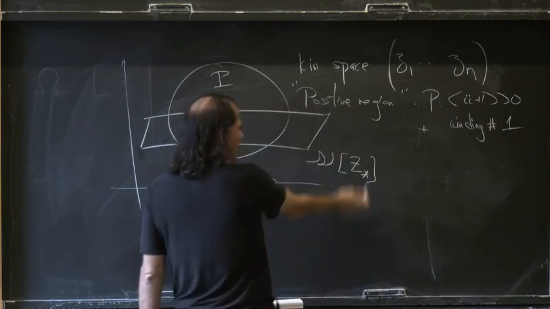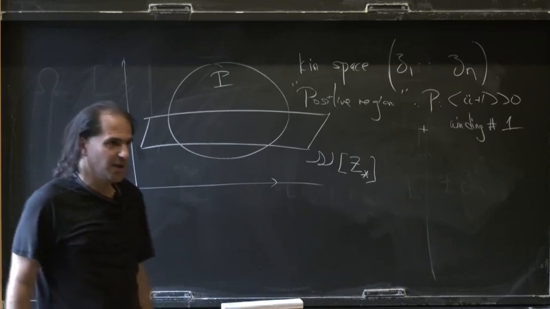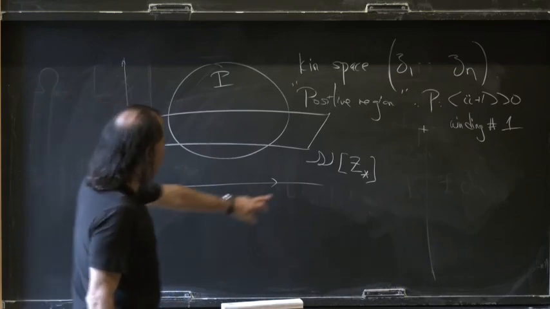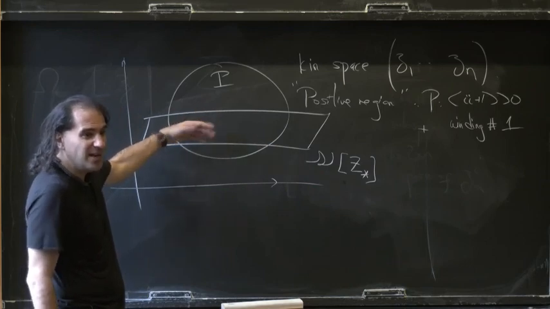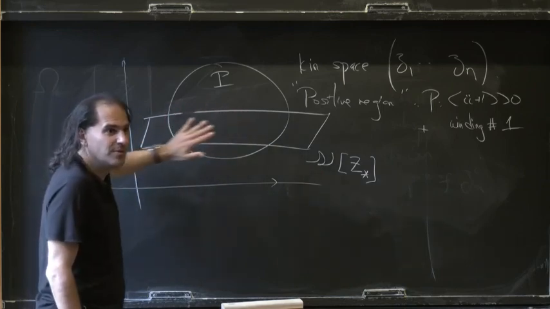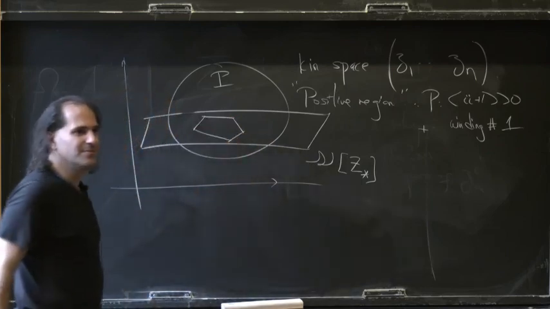But apart from that, there's a whole continuous family of these z stars. Choose any one you like. The claim is that this z star intersects this positive part in an interesting space. It has boundaries. That's where we discover the polygon.